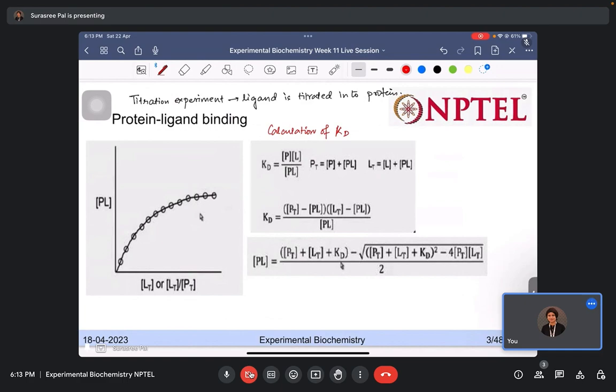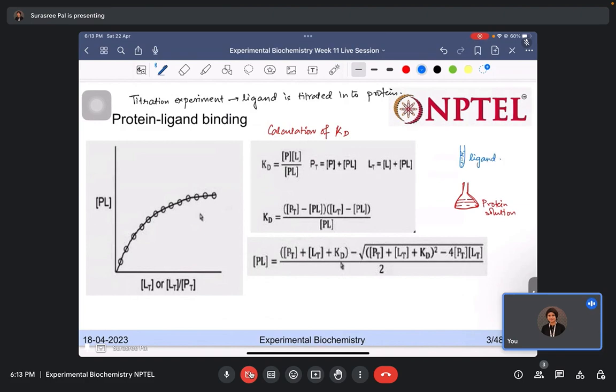Suppose in a conical flask, we keep my protein solution, and above this I can have a syringe, or a burette, or some device where I have the ligand.